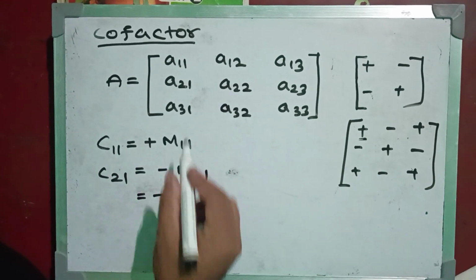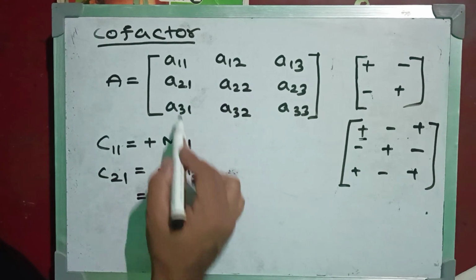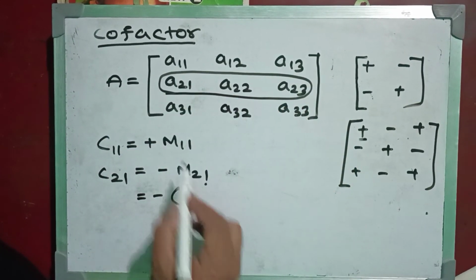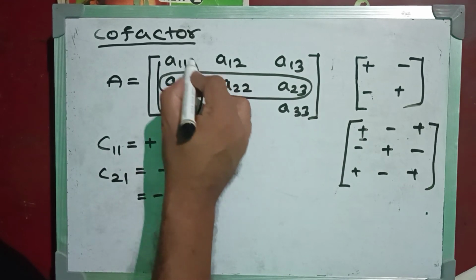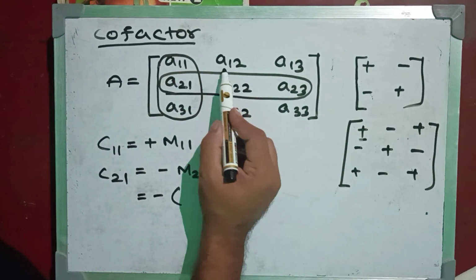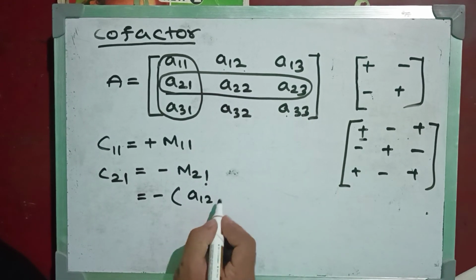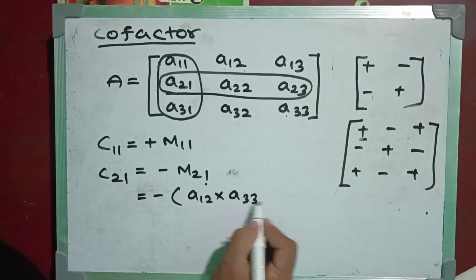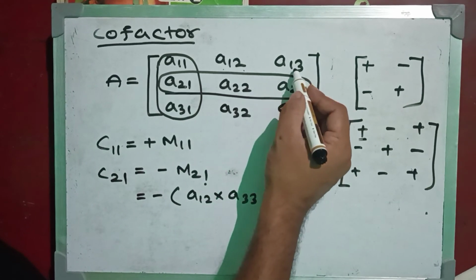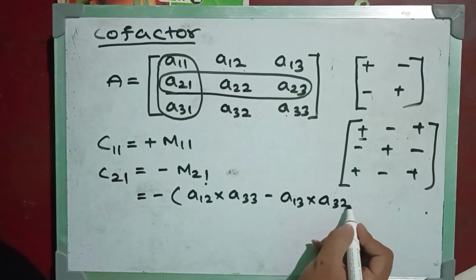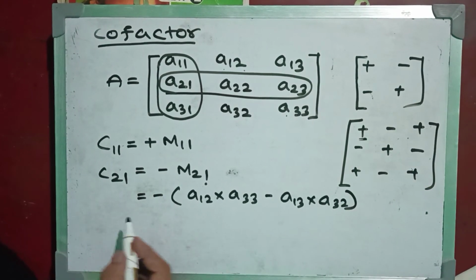So minus M21: the second row is neglected, and the first column is neglected. The rest elements are a12 into a33 minus a13 into a32. So this will be C21.